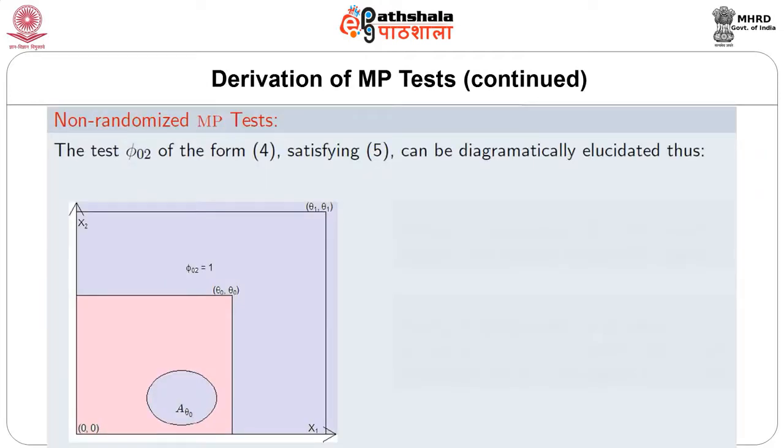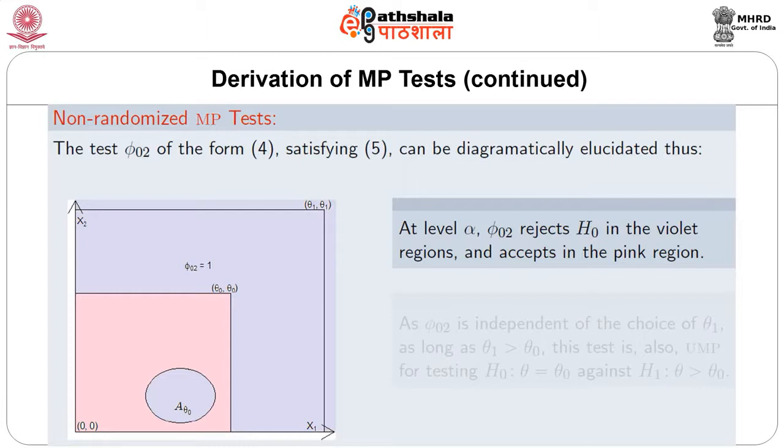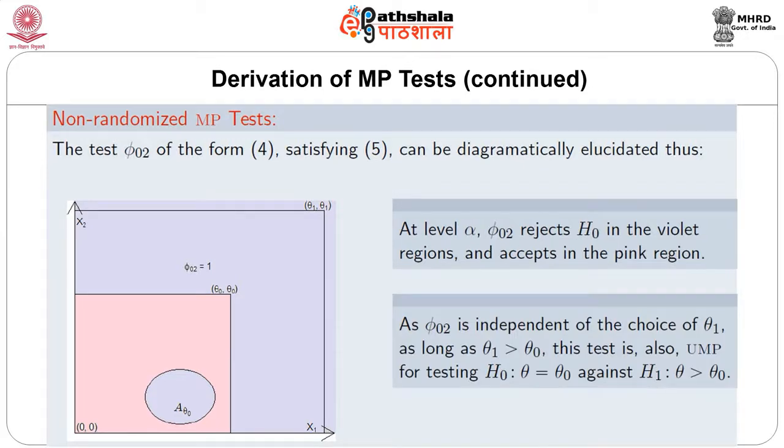Now, we see this figure. At level alpha, phi naught 2 rejects H naught in the violet region and accepts in the pink region. And you see, if x order n is greater than theta naught, then we reject H naught, and A theta naught is any subset of this pink region, and there we reject H naught, so that the size of the test is alpha.